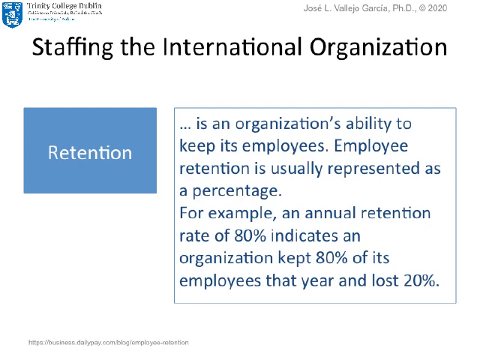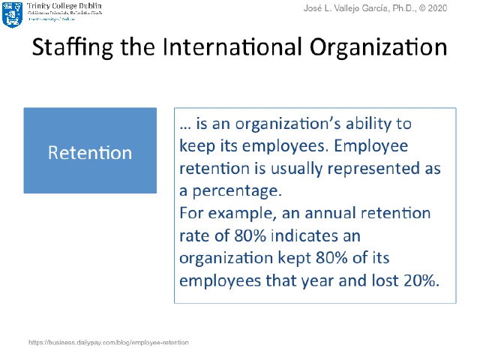The next point is retention. So so far, we have job design, recruitment, selection, appraisal, and then retention. Retention is the organization's ability to keep the employees, to keep them in the organization and keep them happy.